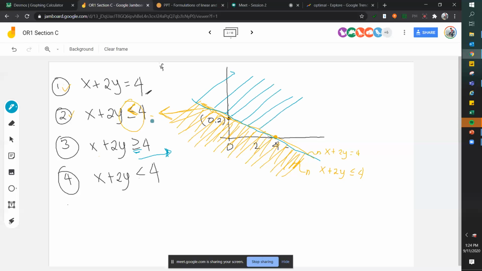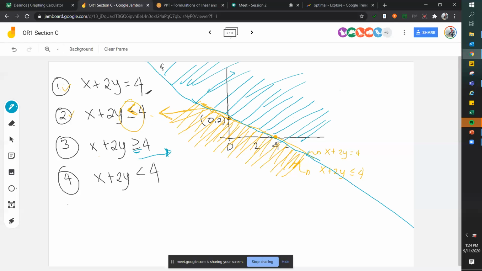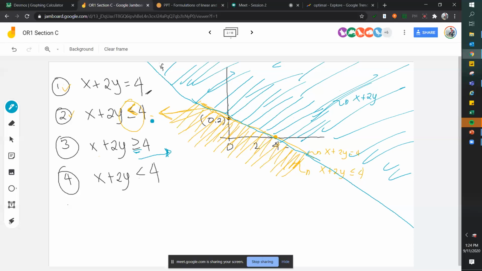Nagets? So, ibig sabihin kung ito ay yan, tutuloy lang natin yung line na yan, hanggang dulo. Okay? So, lahat ng side na yan, that is represented by x plus 2y greater than or equal to 4. Questions? Clear?